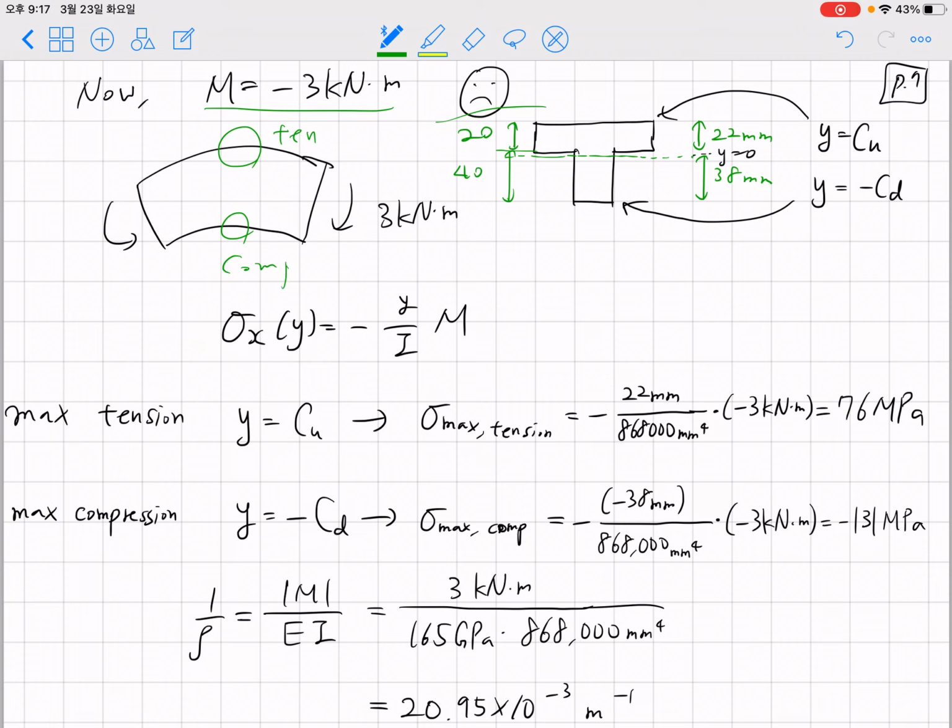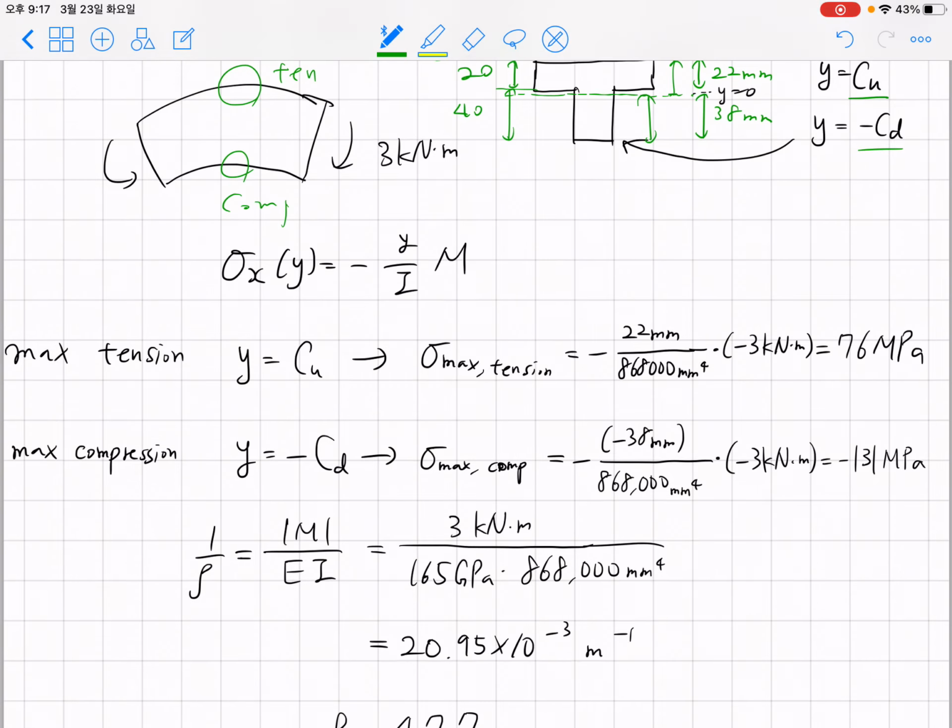Then we can obtain the maximum distance from the centroid in the upper part. We call that C_U, where U refers to the upper part, and the distance from y equals 0 in the down part, we call that minus C_D. And we're going to apply this to the flexure formula.